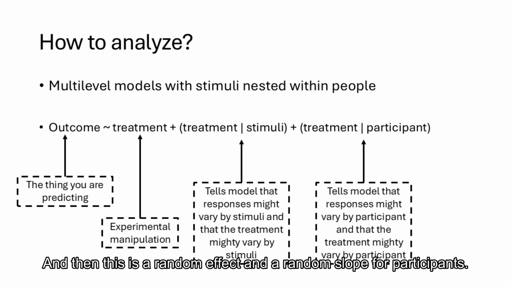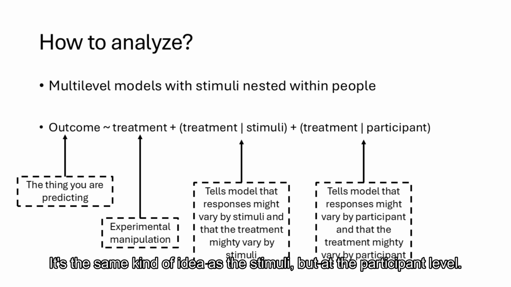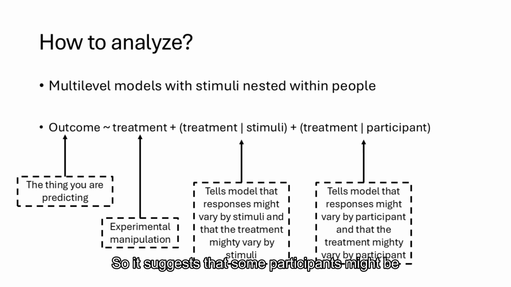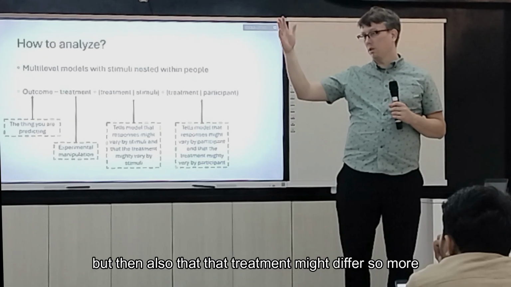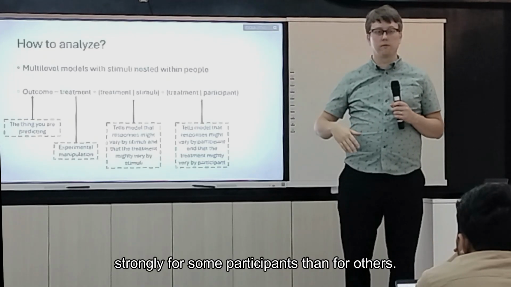And then this is a random effect and a random slope for participant. It's the same idea as the stimuli, but at the participant level. So it suggests that some participants might be higher or lower on our outcome variable, but also that the treatment might differ, so it works more strongly for some participants than for others.